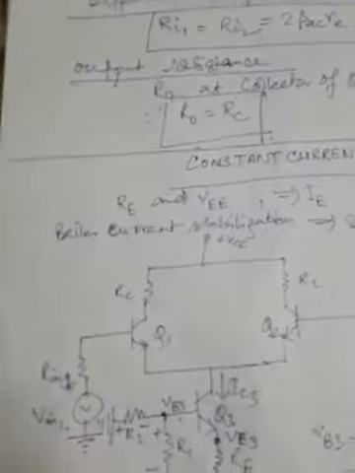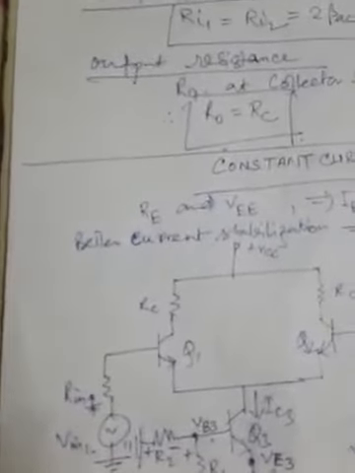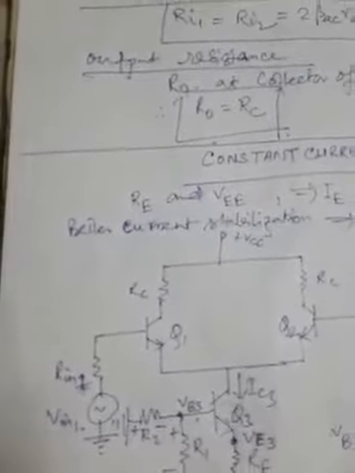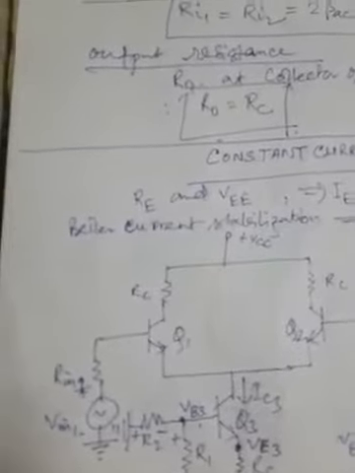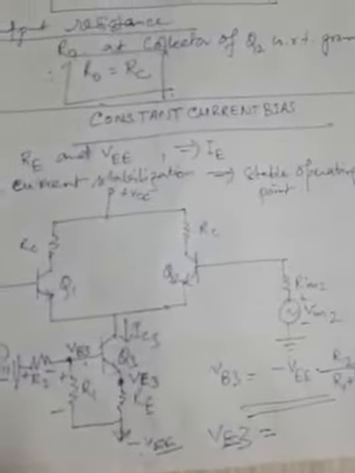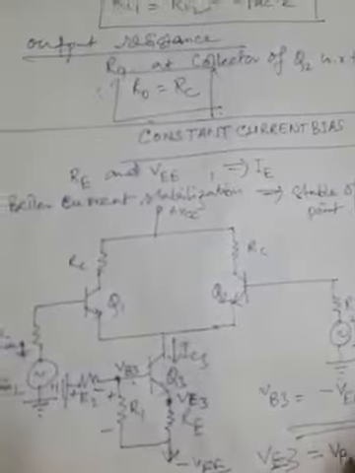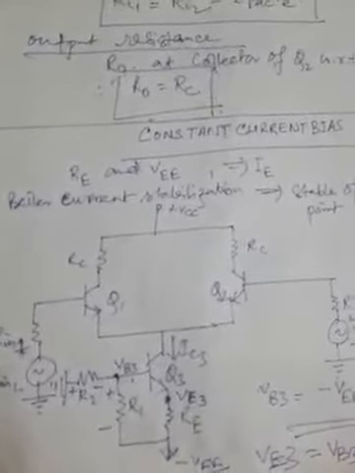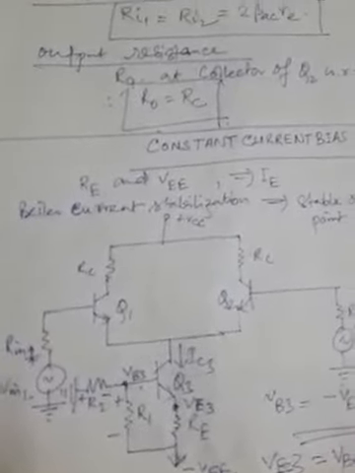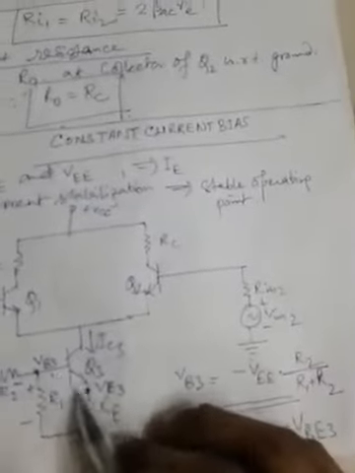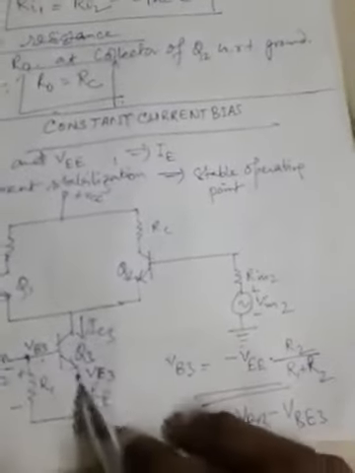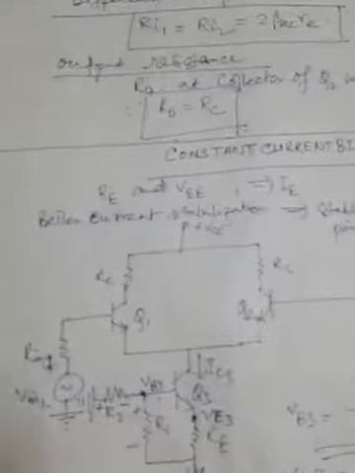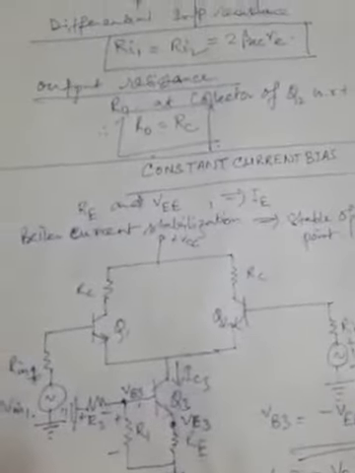So this is VB3. Now what is VE3? That should also be calculated from here. VE3 is given by VB3 minus VBE3. So if we subtract the base emitter voltage from this base voltage, we should be getting VE3, the emitter voltage of transistor Q3.